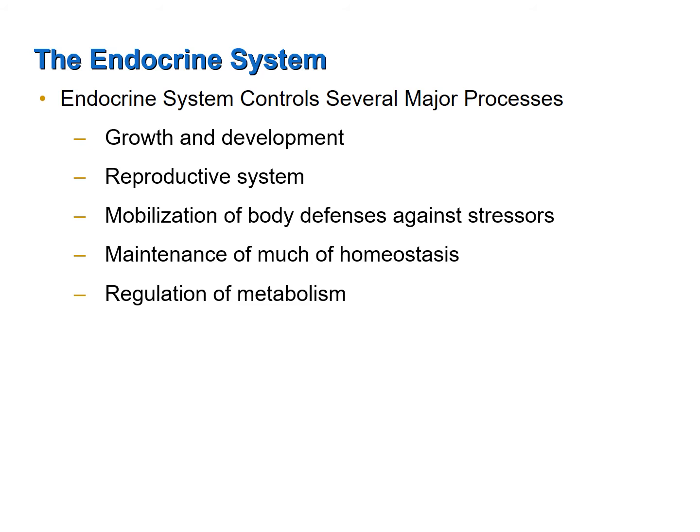Remember that metabolism is the sum of all of the chemical reactions occurring in the body, and it is under the control of the endocrine system. So as you can see, the endocrine system plays a very important role in maintaining and controlling major processes in the human body.